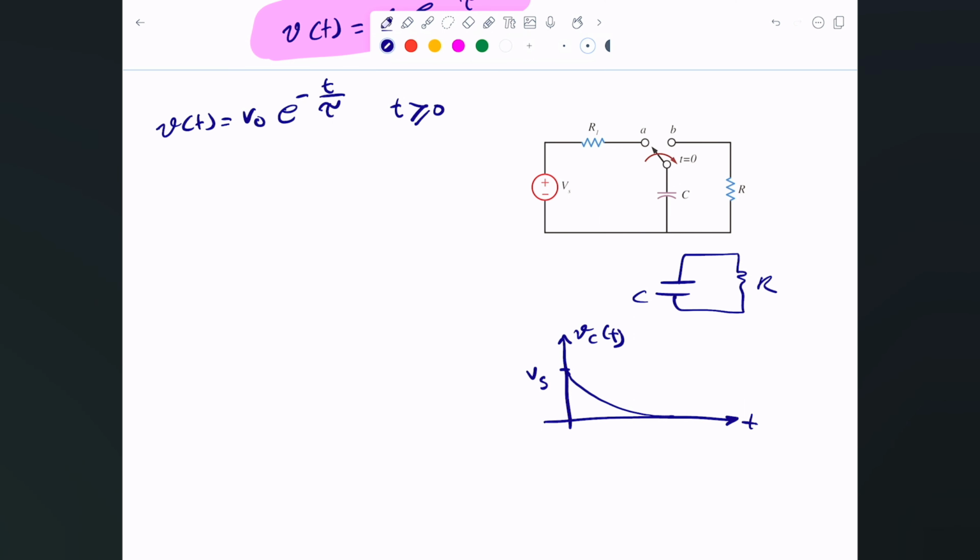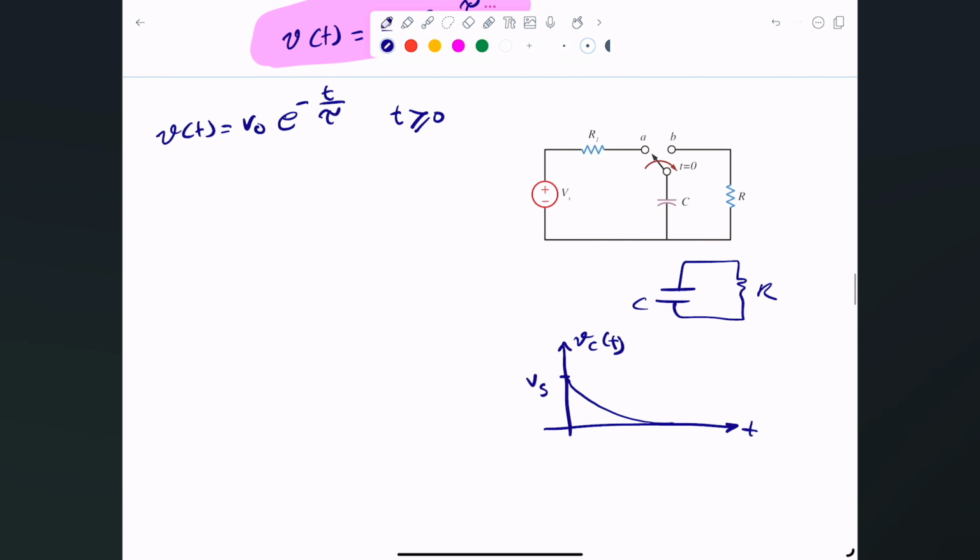Now let's think about it in this way. What I'm interested in now is, if this is Vc of t, or let me just call it V of t because this is what we called it. So this is V of t. And let me figure out what IC of t is, which is the same as IR of t. We know that I of t is simply C times dV of t divided by dt.